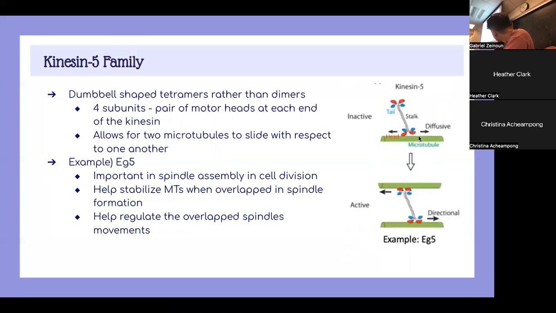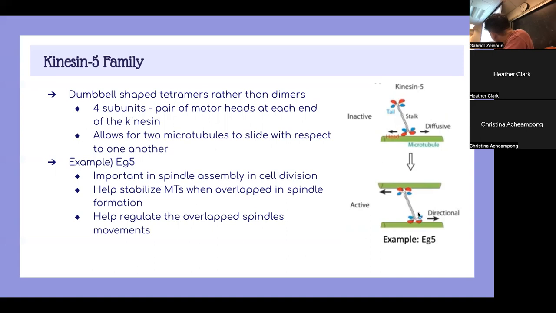This one stays together in both states, because it has a tail and a head at either end. It's almost like having two kinesins attached to each other. So it allows for two microtubules to slide along one another.